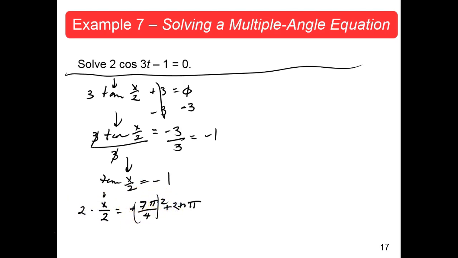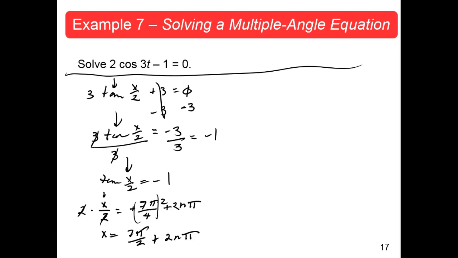And now we get x is equal to what? 7 pi over 2 plus 2n pi. Very good. Perfect. Way to go.